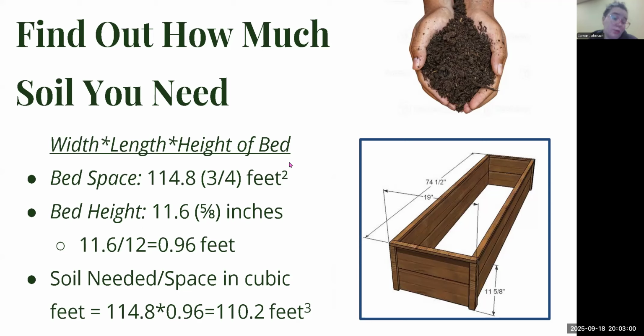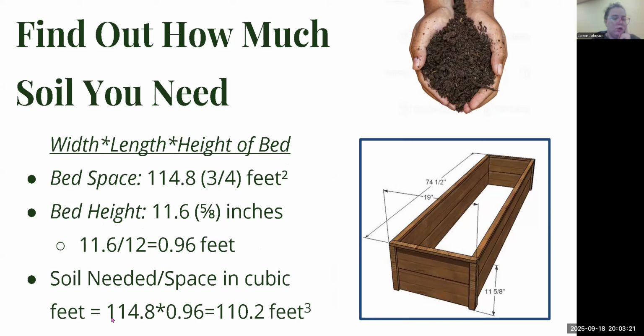Now, we are in feet. We need to convert from inches over to feet. So we divide that 11.6 by 12 to get 0.96 feet, not squared because it's only one direction. And so then you plug that number into our equation. We've already done width times length.